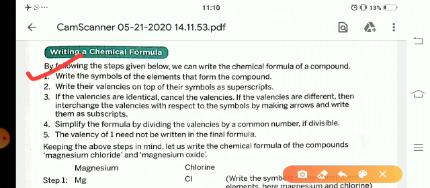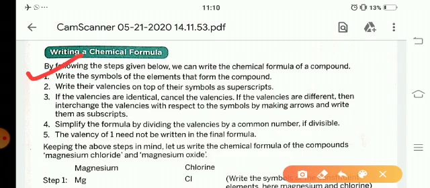Third, if the valencies are identical, cancel the valencies. If the valencies are different, interchange the valencies with respect to the symbols by making arrows and write them. Fourth, simplify the formula by dividing the valencies by a common number if divisible. Last, the valency of 1 need not be written in the final formula.